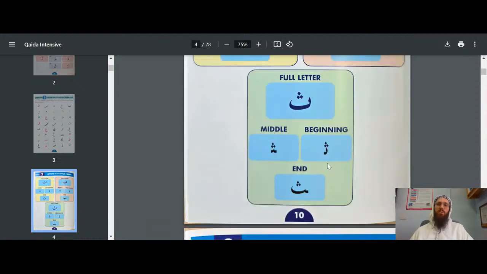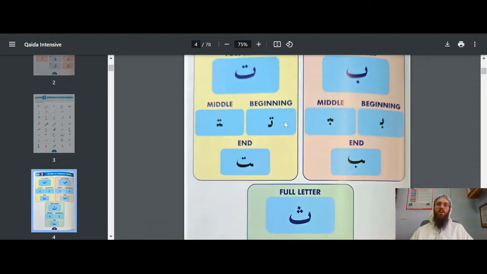That's what you need to remember: 1 dot below, 2 dots above, 3 dots above. And that's how you tell these 3 letters. If you remove the dot, all 3 of these letters are the same.